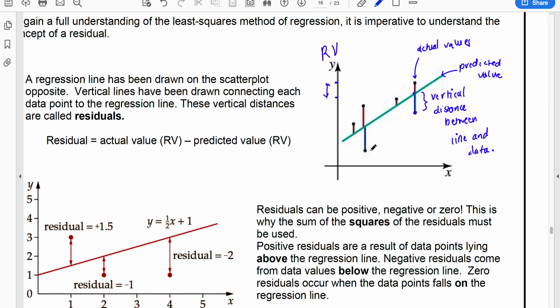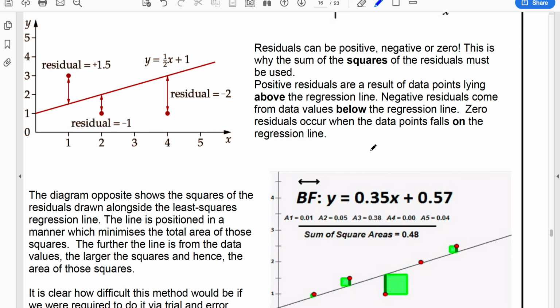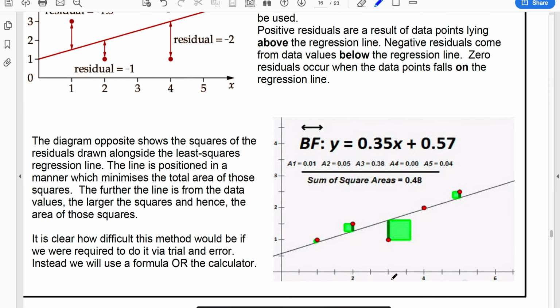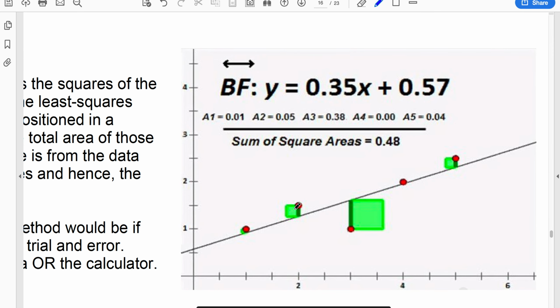So for that reason, when we're looking for the least squares regression line, what your calculator is going to do is it's first going to create a square of the residuals. So each of these, you can see in this particular diagram in the dark green, that's the residuals there, that vertical distance. But notice that each of them has been created into a square.